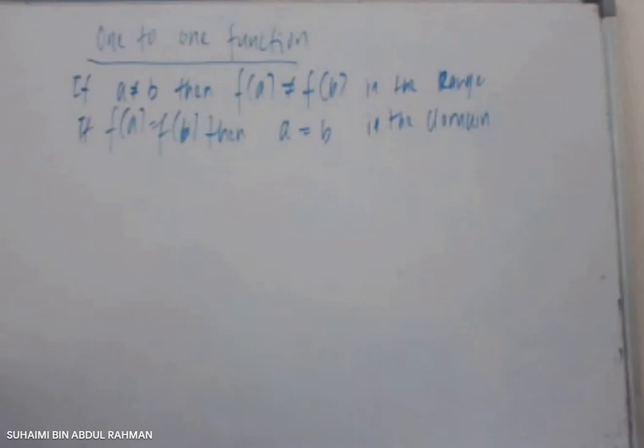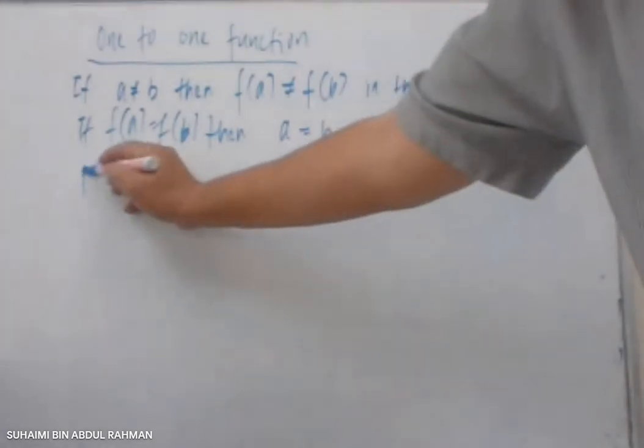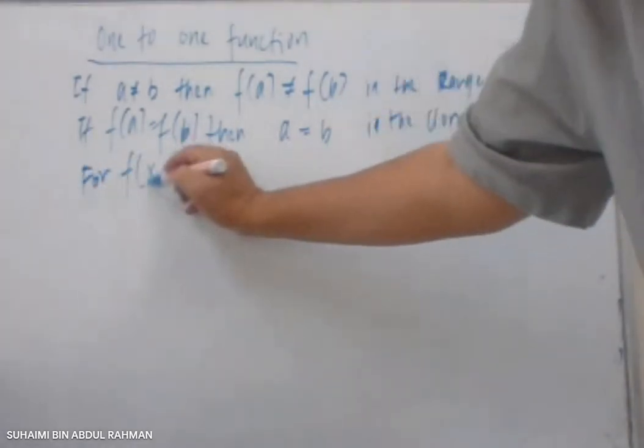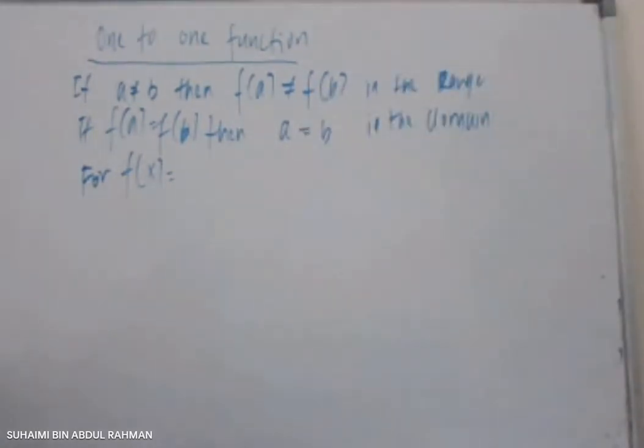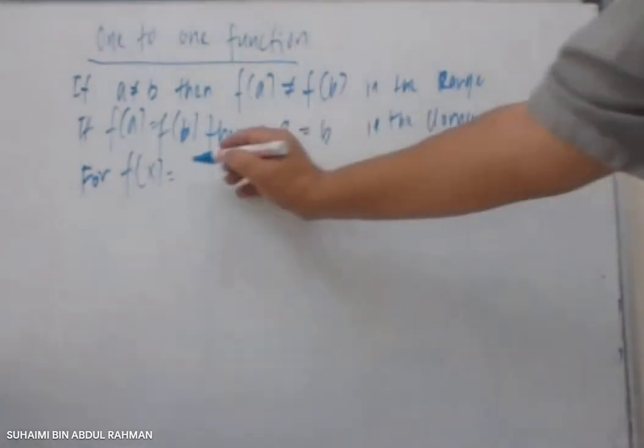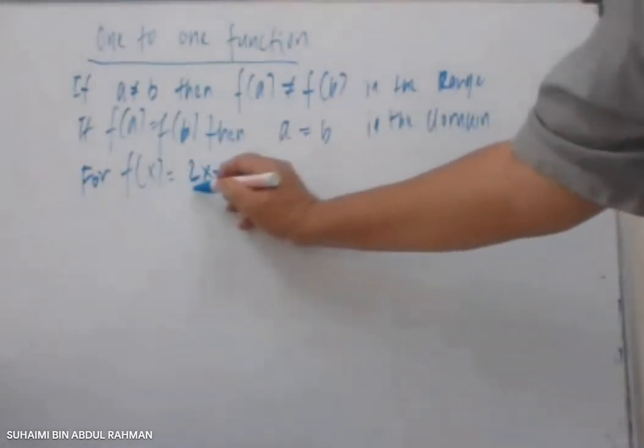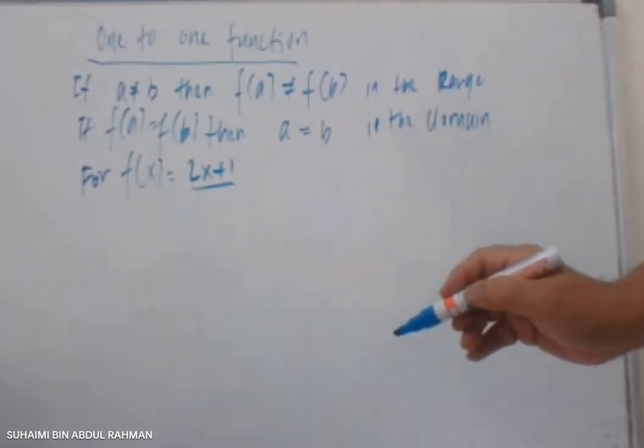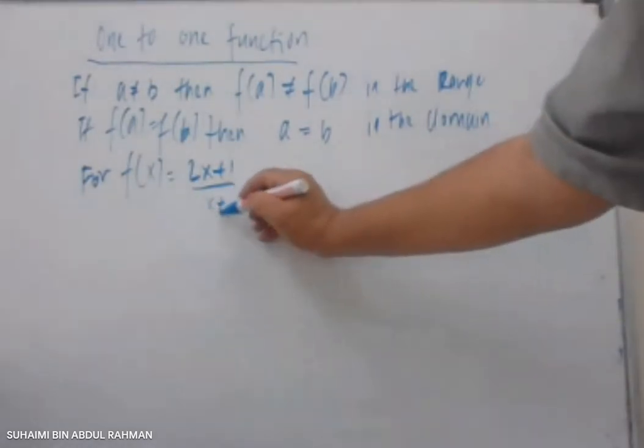Let's say the function f(x) is equal to (x plus 1) over (x plus 2).